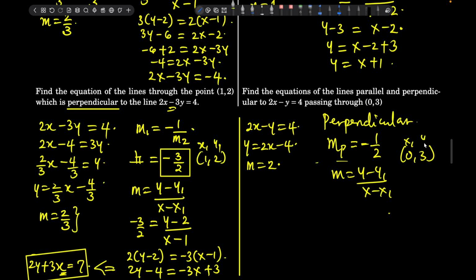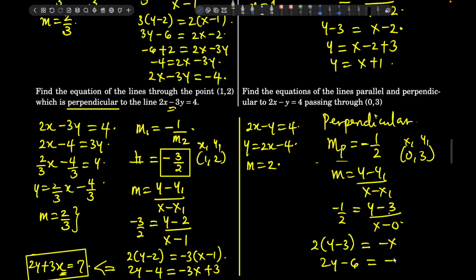So this is x1, this is y1. M is minus half equals y minus 3 over x minus 0. So cross multiply. 2 times y minus 3 is equal to x minus 0, which is x. X times minus 1 is minus x. So you have 2y minus 6 is equal to minus x.